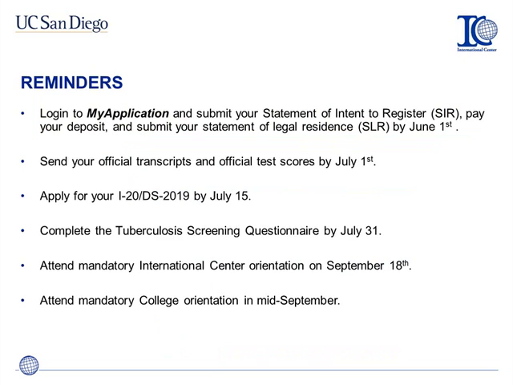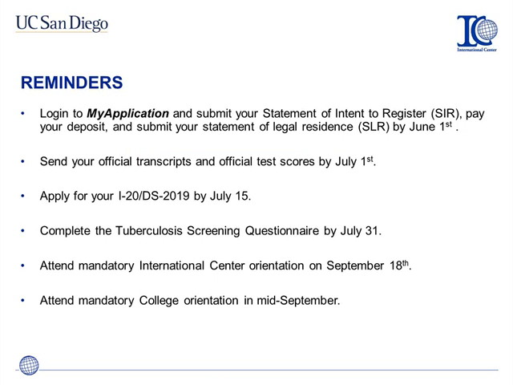To summarize, here are important reminders for international transfer students. Please make sure that you log in to My Application, submit your Statement of Intent to Register, or SIR, pay your deposit, and submit your Statement of Legal Residence by June 1st. Send your official transcripts and official test scores by July 1st.